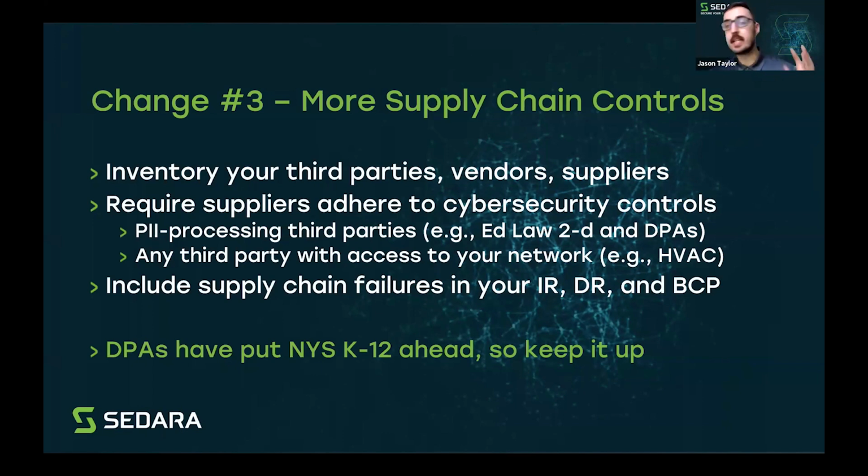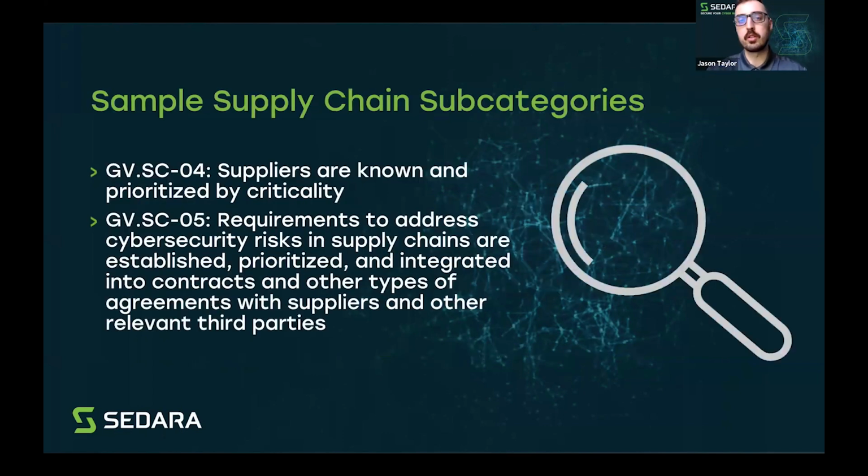So the NIST CSF is hinting at all of that stuff, and two controls here just to zoom in. As mentioned, we need to know who our suppliers are and figure out which ones are the most critical for us. And then we need to make sure that all of those cybersecurity requirements that we want to hold our suppliers and third parties and vendors accountable for are included in contracts.